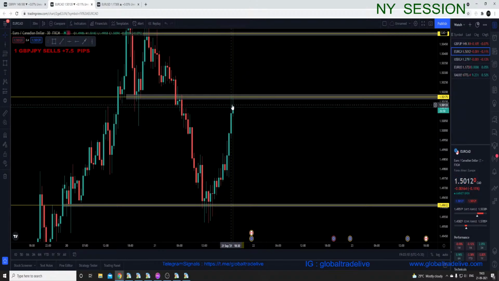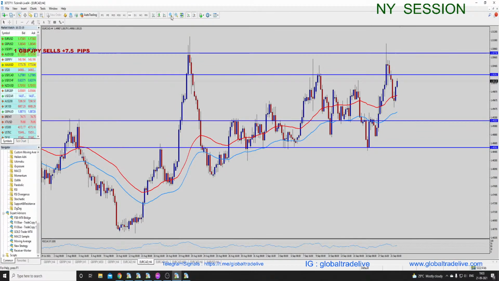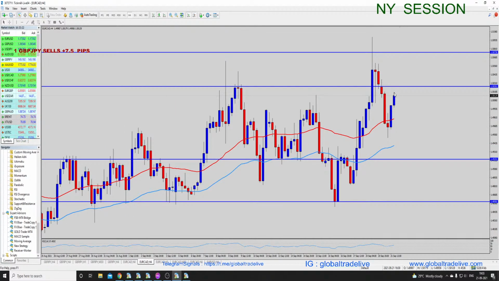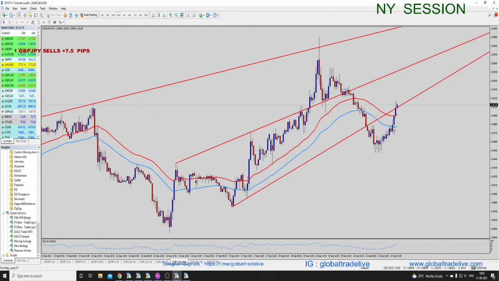Yes, so if this candle breaks the low, that means the 4-hour candle will be breaking its own low, and the probability of going down will become high. Yeah, because this will be creating an upper wick like this. This was a heavy rejection area. If this candle also rejects this area, then it should be breaking its own low and go all the way down, which will take the 1 hour, 30 minutes also down.